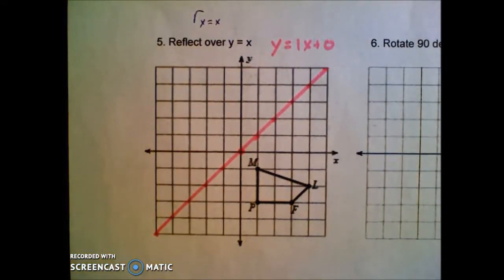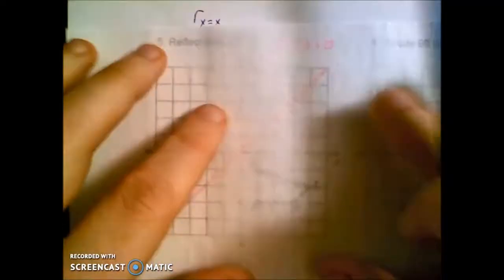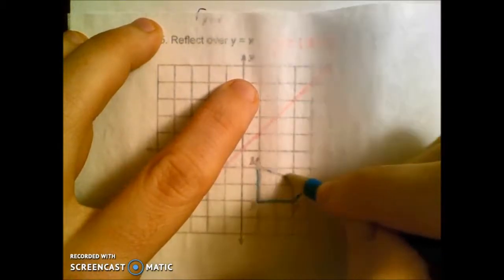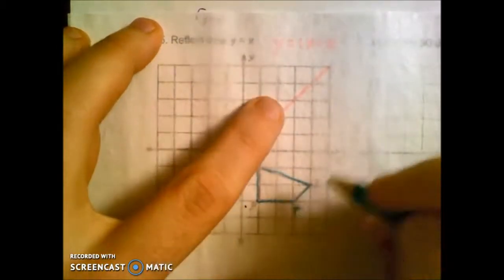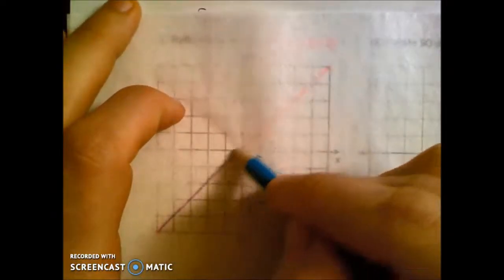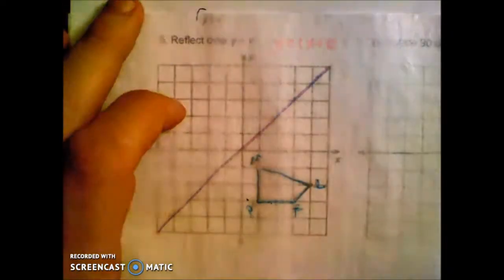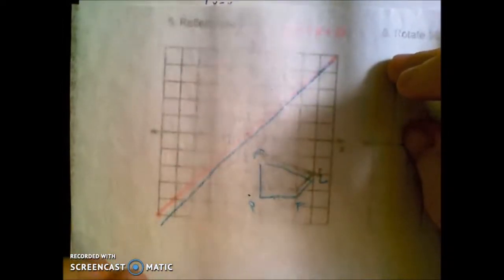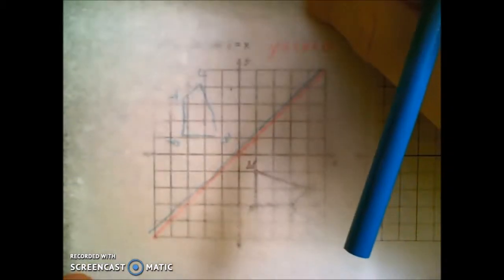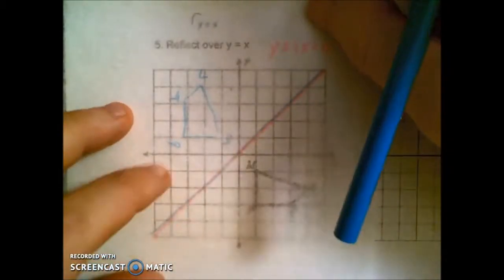First, we'll do it again using transfer paper. Just like before, I will mark my pre-image, F, L, M, P, and my line of reflection. The only difference this time, instead of flipping up or sideways, we're going to flip diagonally, so that my line lines right back up, just like this.